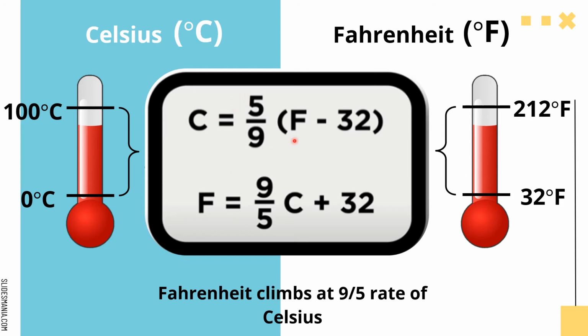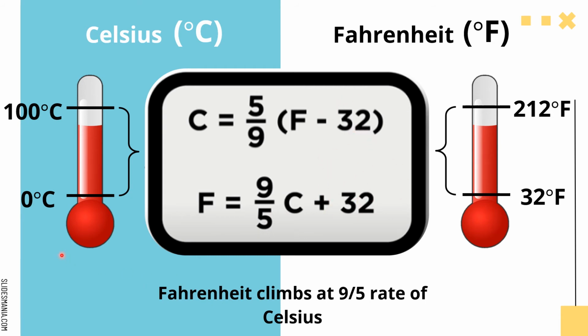That's why we have this formula in here. It's like 100 over 180. We simplify that one, and therefore we have 5 over 9. Same goes for Fahrenheit, 180 over 100, that is 9 over 5. And where does this 32 come from?